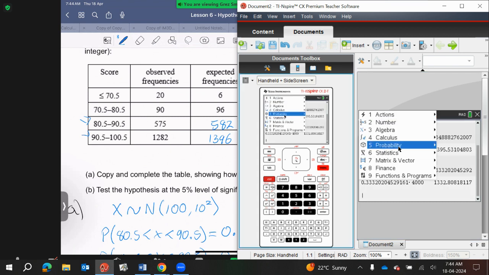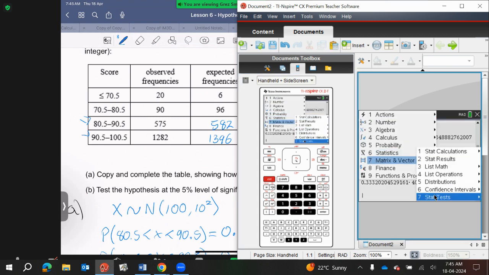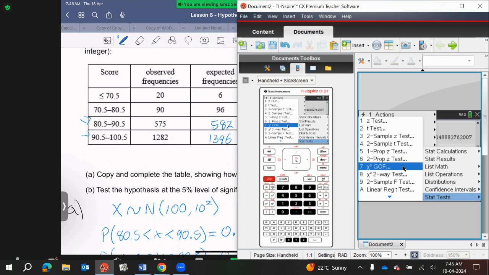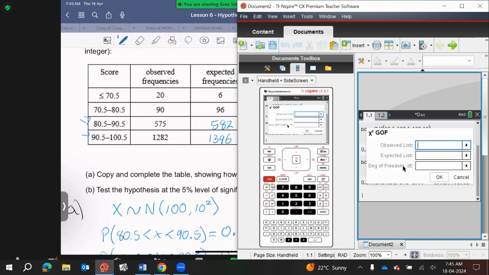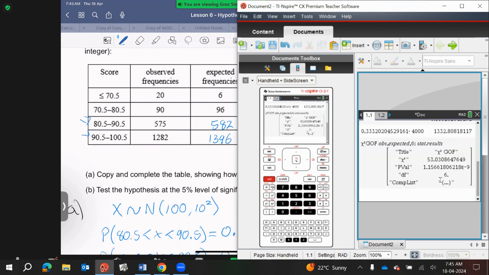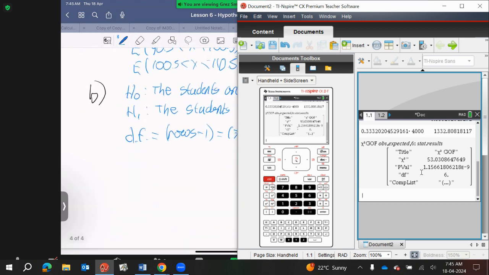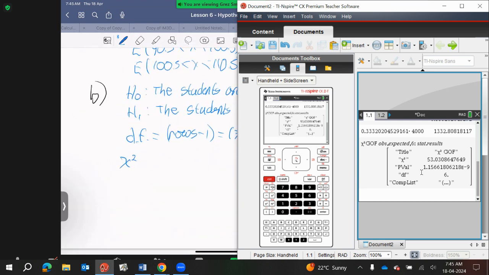We're going to do a stat test. We want the chi-squared goodness of fit test. We need the observed list, the expected list, and the degrees of freedom. This gives us a chi-squared calc value equal to 53.0 and a p-value.